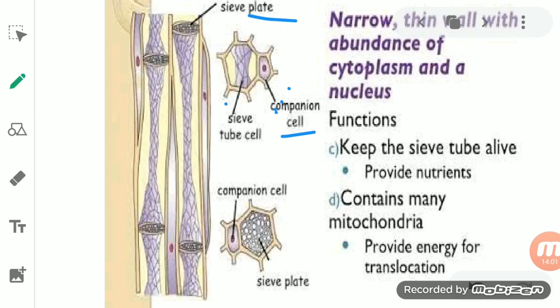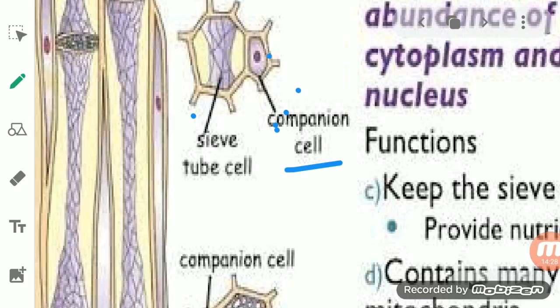Before that we studied that the sieve tube or the sieve cells both have living cytoplasm but the nucleus is absent in it, so we said that it is enucleated with a living cytoplasm. But in case of a companion cell, as you can see in the diagram also, at the center you will see a nucleus is present in it. So it is a nucleated cell.